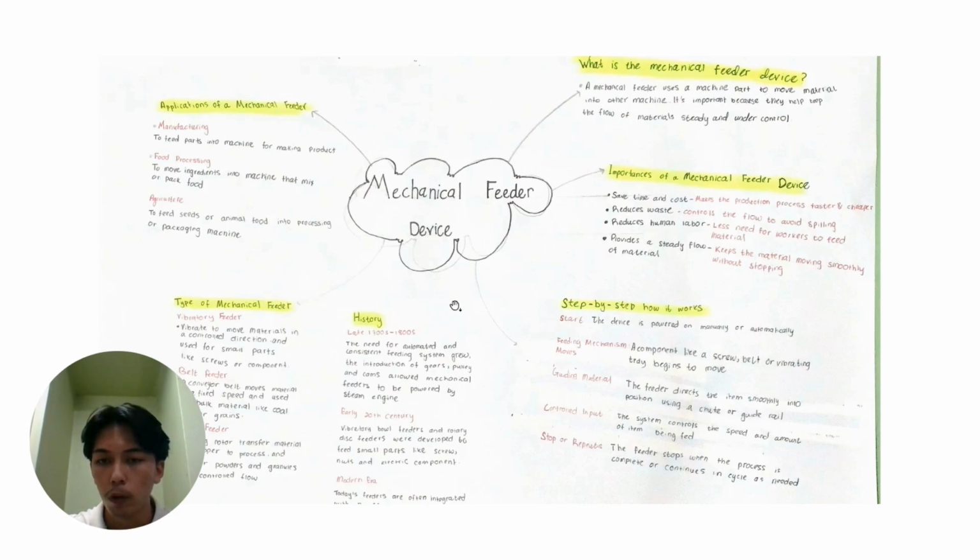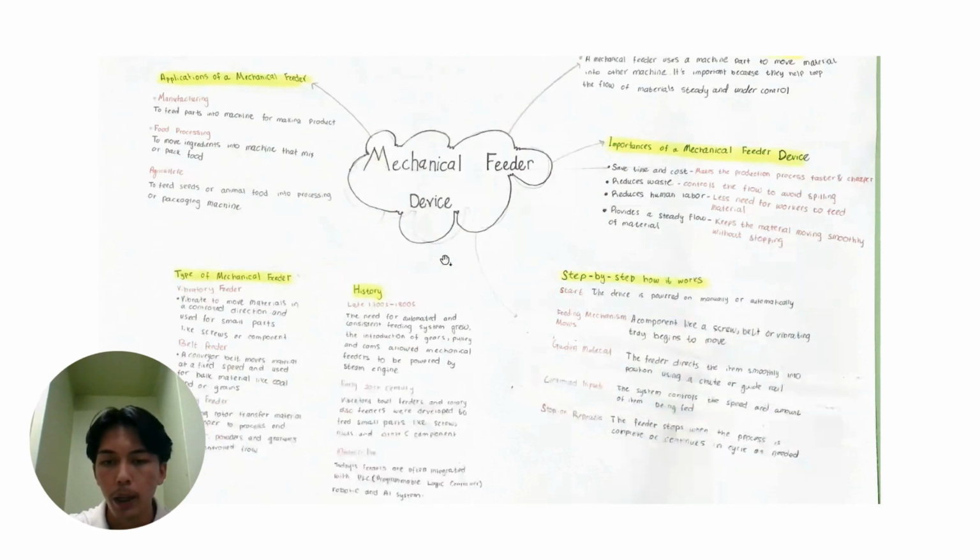Next, we will move to the history of the mechanical feeder device. In the late 1700s until 1800s, the need for an automated and consistent feeding system grew, and the introduction of gears, pulleys, and cams allowed mechanical feeders to be powered by steam engines. In the early 21st century, vibratory bowl feeders and rotary disc feeders were developed to fit small parts like screws, nuts, and electric components.